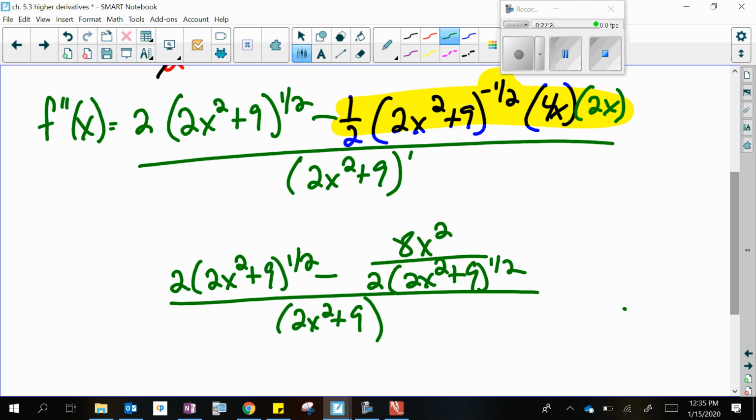That goes on the top. This just comes down to the denominator with that 1/2. Yes, we can do that. I didn't want to do that at first just because I knew this was going to be confusing. I didn't want to show too much at one time. But yeah, so right away this actually just becomes a 4.